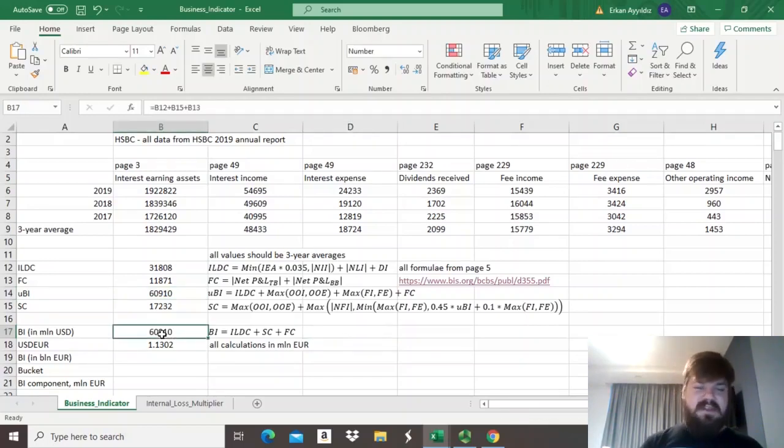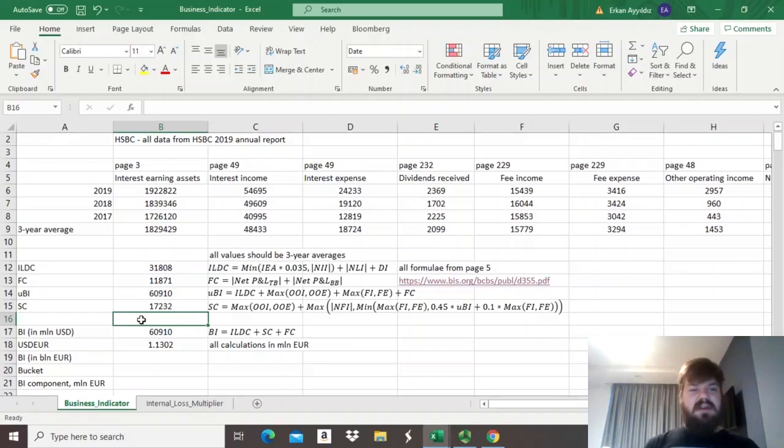Because for HSBC, a well-established bank that has been around for more than a century, fee income is not such a prevalent source of income. It's not that relevant for its business model. So our unadjusted business indicator and our business indicator are exactly the same.